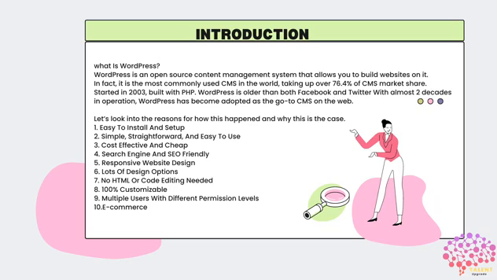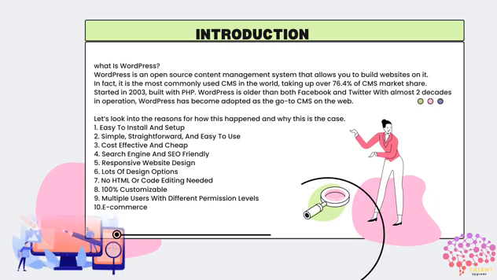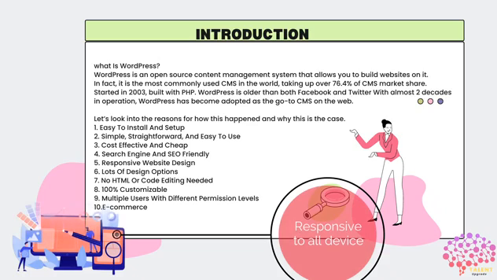Then number 5, responsive website design. When we say something is responsive, it is when you browse a website on your desktop, that is your laptop, on your Android phone, your Android mobile, or on your tab.